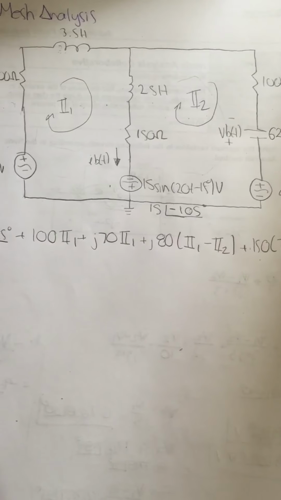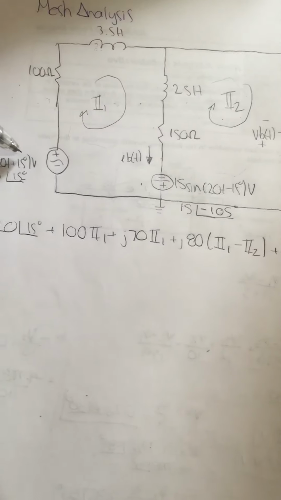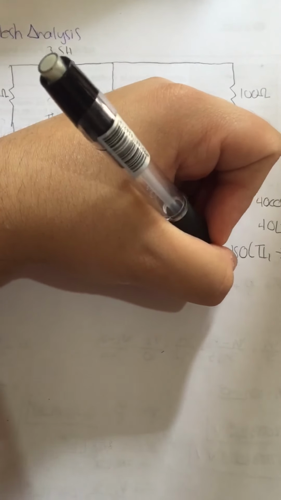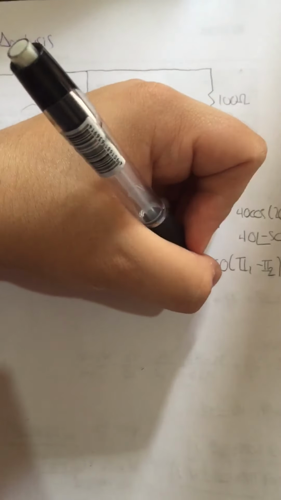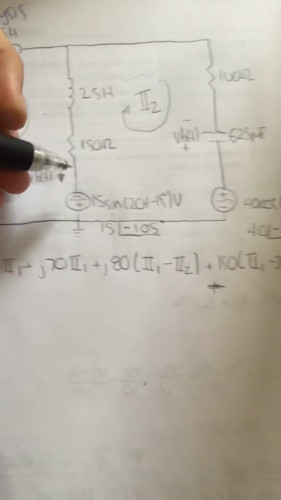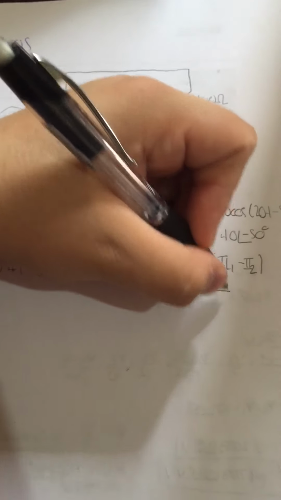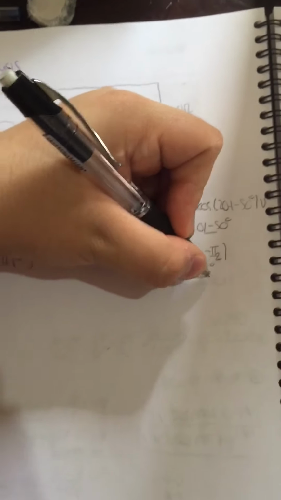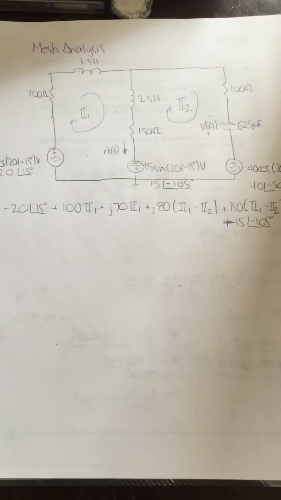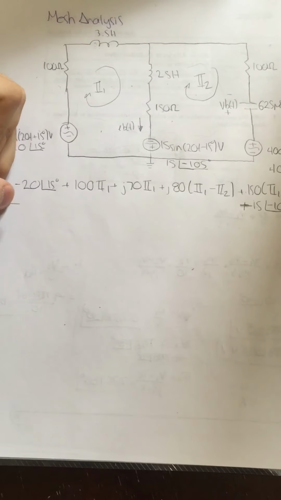And then this one, that we need to do as at the beginning, we need to use the phasor, is going to be minus, because we can see that here the correct minus 15 angle of negative 105. This is the phasor.